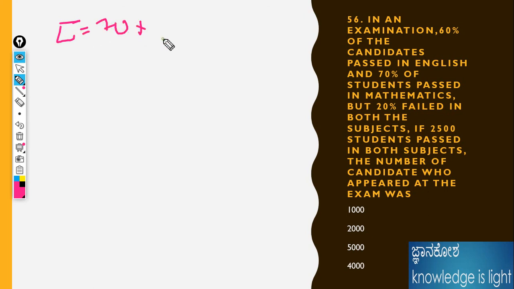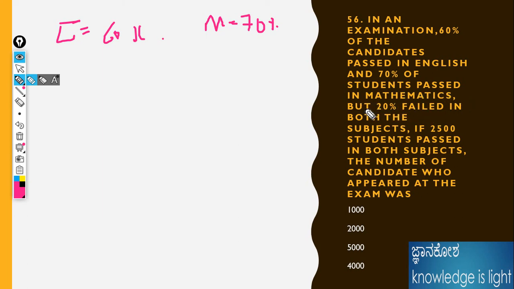I don't know how many students are attending the exam, so please read the question carefully. 60% of X passed English, and 70% passed mathematics.